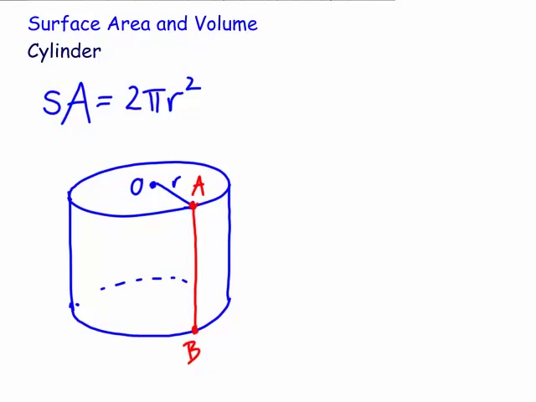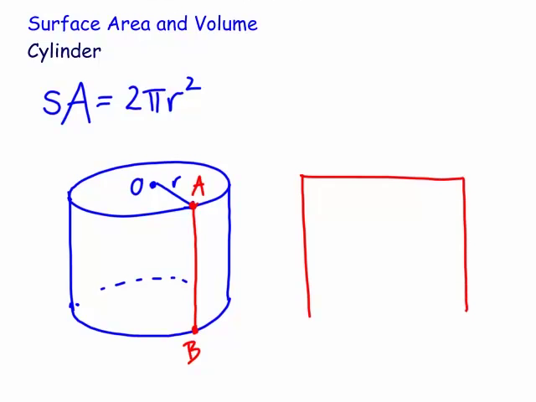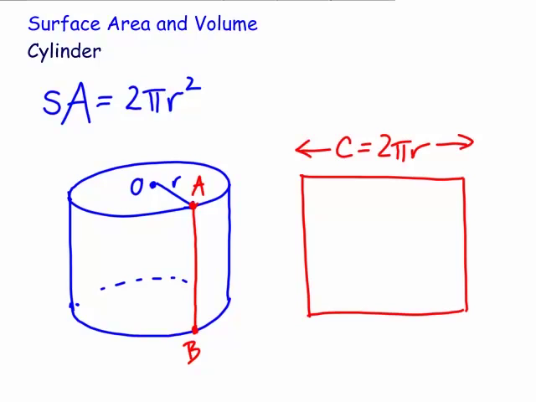The length along here is the circumference of the circle, right around the edge, which is 2 pi r. The height we don't know, so we normally let the height be some generic value, h. This is how high our cylinder is.